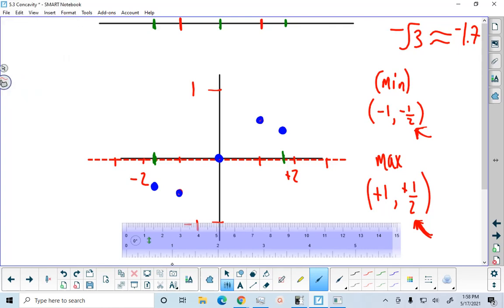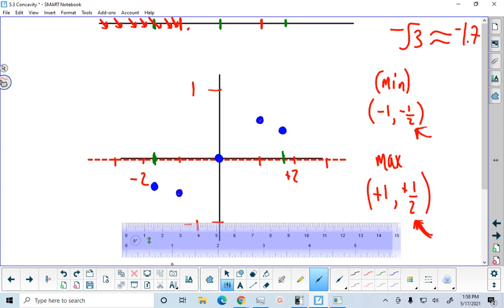In your first derivative table, the function is decreasing from negative infinity to negative 1, which means that the function goes down, down, down, down, down, down, down. Notice it goes down through that green critical value for my second derivative, because that green critical value has nothing to do with increasing or decreasing.